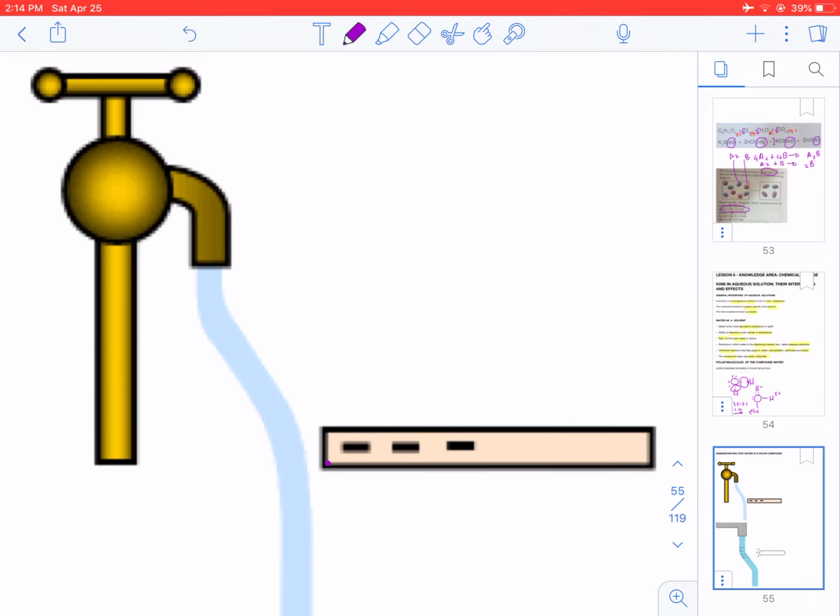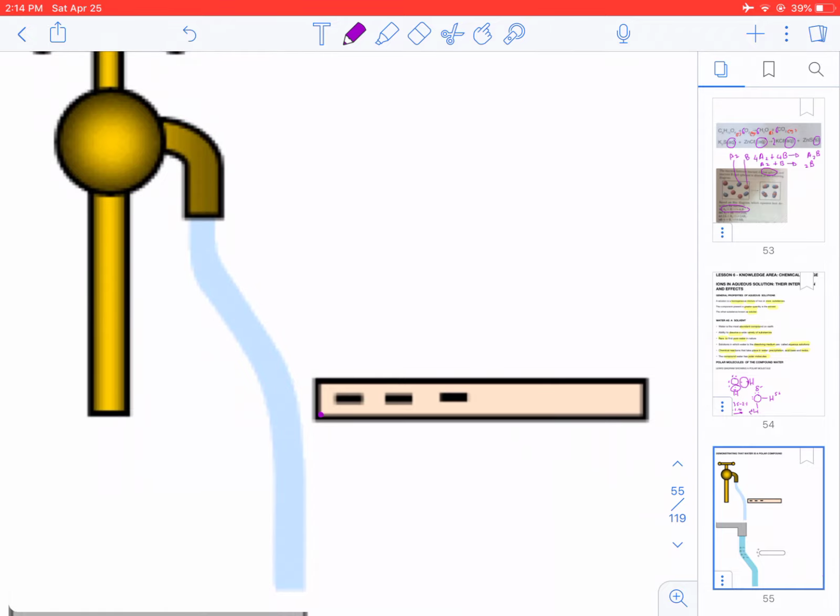So let's assume here we have a ruler or a rod which is negatively charged. There are still positive charges here, but the negative charges are in excess, so the positive charges haven't been shown.